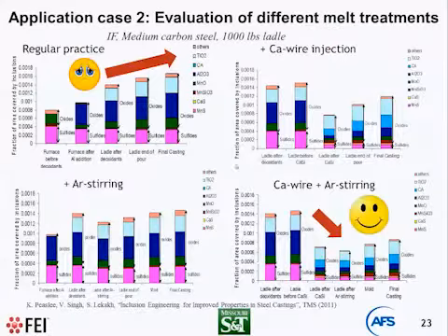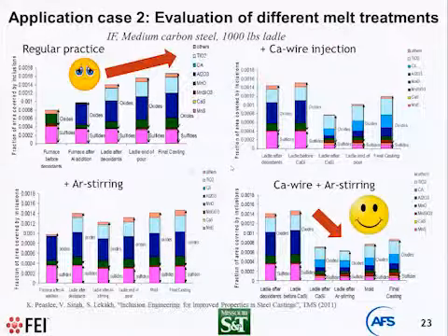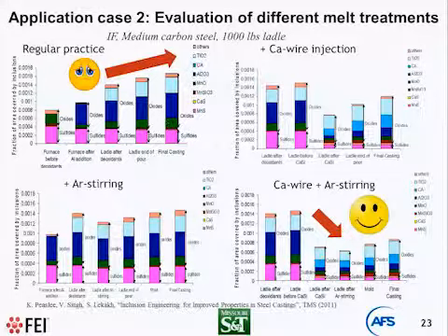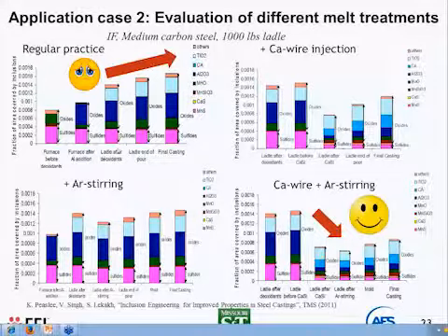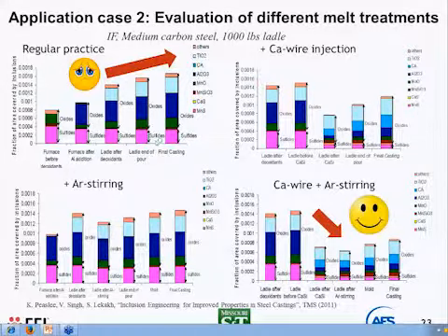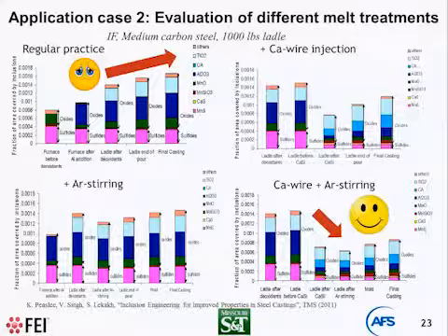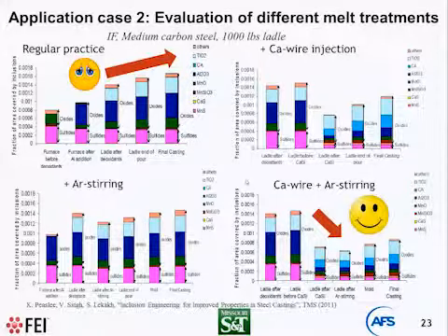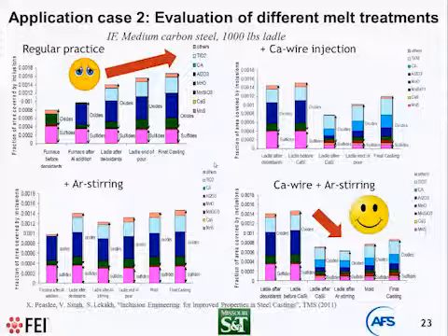After that we discussed, let us see what we can do with steel cleanliness by changing technology. This is the case which I described to you, and these are a couple of examples when we tried different techniques. We used calcium wire injection, we used argon stirring, and we used both calcium wire injection and argon stirring. It was the same melt from the same furnace, so we had an absolutely similar start position.